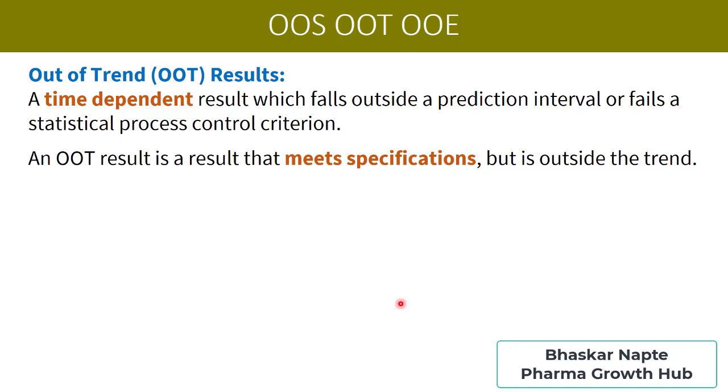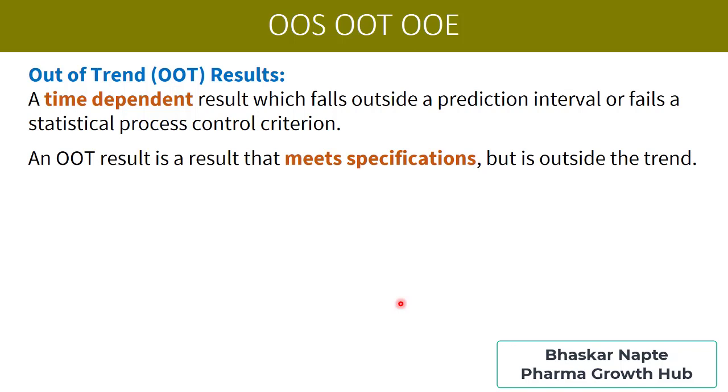So what does OOE mean? Let me brief you one more time. OOE means the series of results observed over a short period of time. And if some results are outside your expectation, but they are still meeting the specification, then you will say, I will apply the OOE SOP.